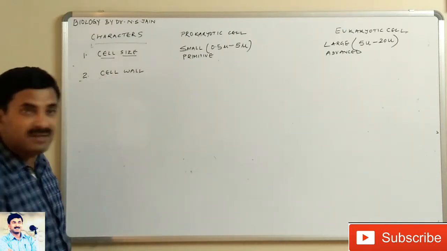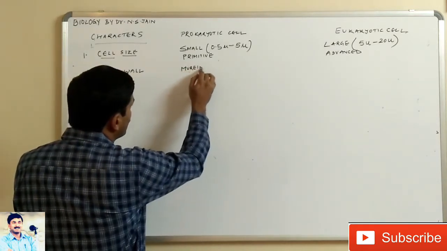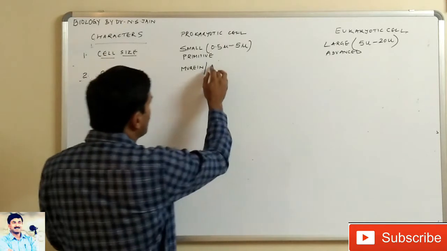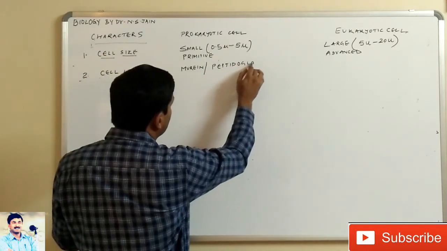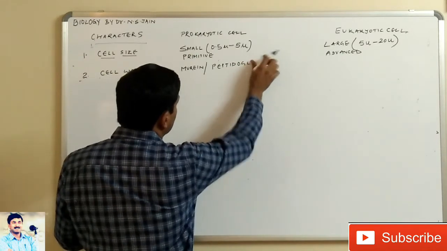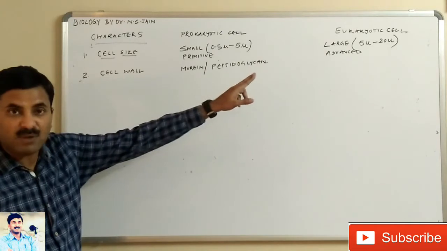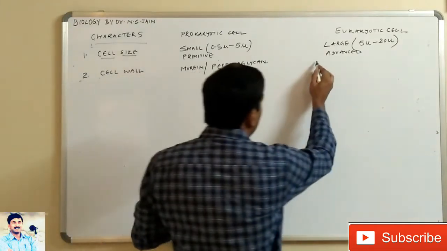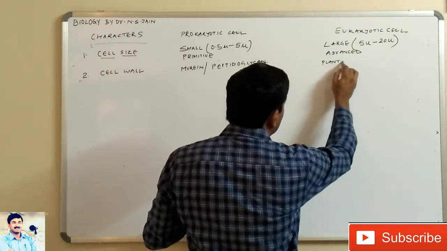In a prokaryotic cell, the cell wall is made up of murein or peptidoglycan, while in the case of the eukaryotic cell, the cell wall is made of cellulose in plants.